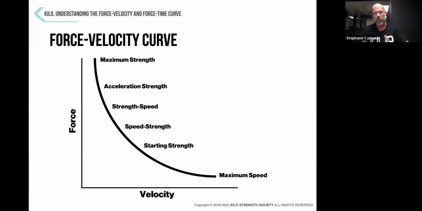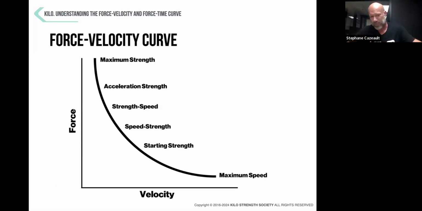So they didn't really know what that zone was. That's why they came up with these terms that can be a little confusing. Strength speed is strength with elements of speed, whereas speed strength is speed with elements of strength. But it gets very confusing.